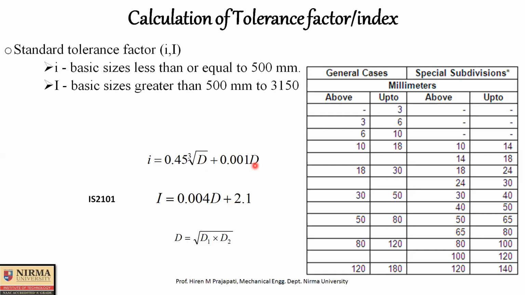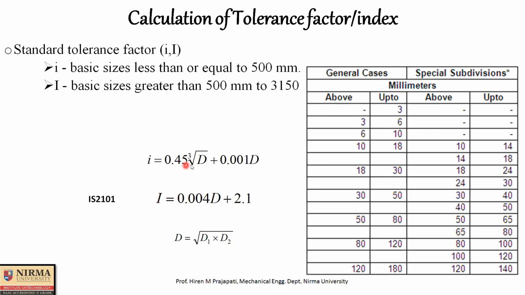Now as you use this equation of tolerance factor small i, put this capital D in mm, and if you solve that equation, then whatever numeric value you are getting has unit micron. Please remember this. If you are taking capital D1 and capital D2 in mm, then you get the numeric value of capital D in mm.